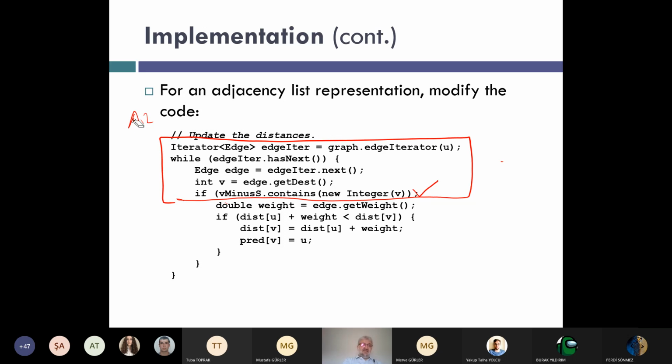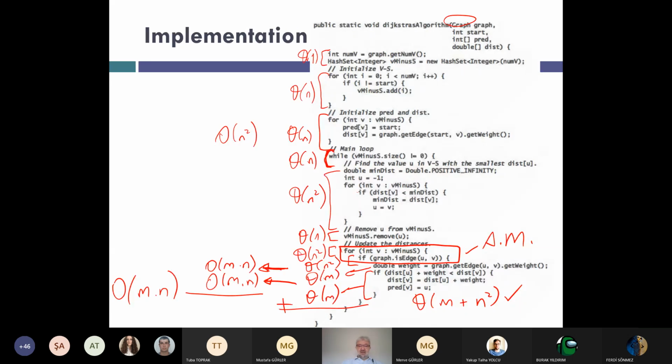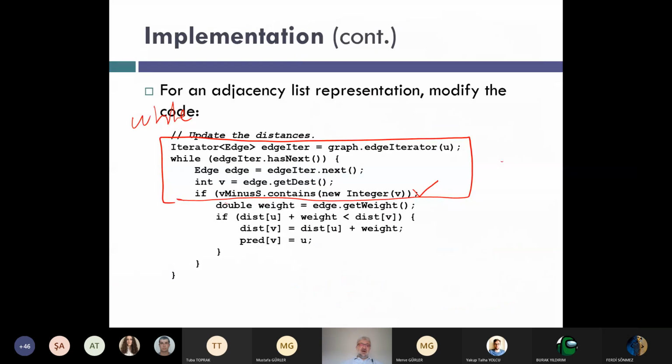Remember, we have a while loop here. So this operation will be theta m, and this update will be theta m as well.